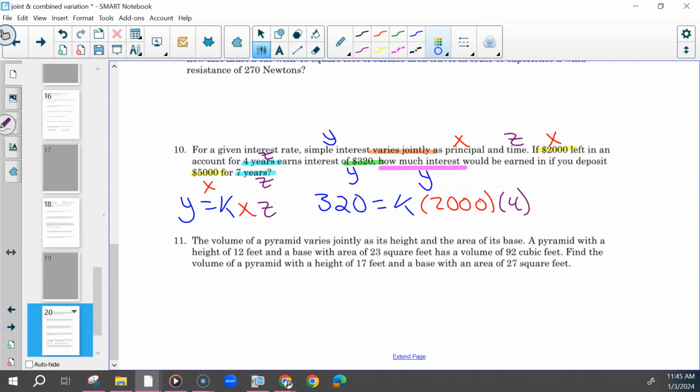We multiply 2,000 times 4, that would give us 8,000. And then divide 320 by 8,000. 0.04.